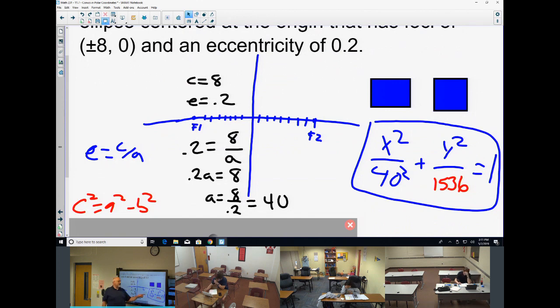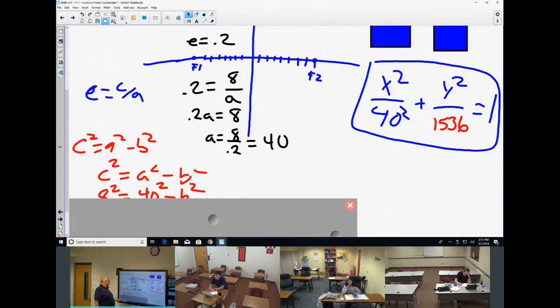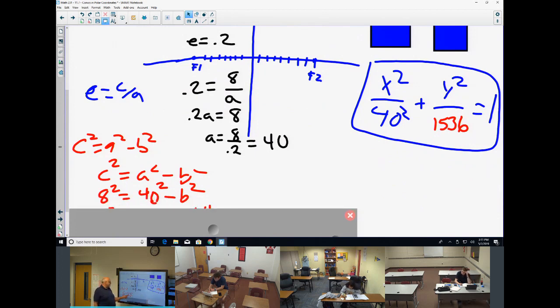So then underneath here is a squared. And you're right, most of them we did weren't that big, but once you have a, then you use c squared equals a squared minus b squared. So c is 8. So we say 8 squared equals 40 squared minus b squared.